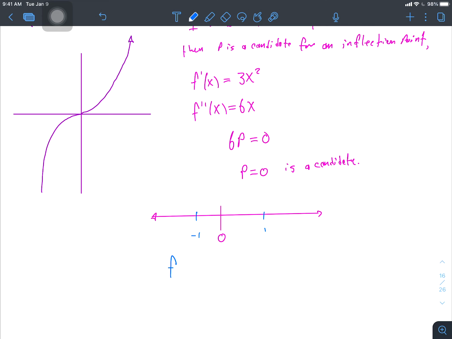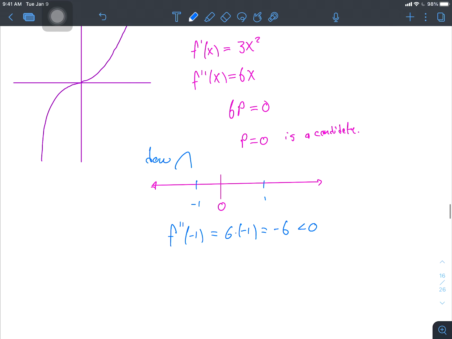So I plug -1 and 1 into the second derivative. When I do f double prime of -1, I get 6 times -1, which is -6, which is less than 0. So I know that in this region I'm concave down. In the second region, I check a test point, which is f double prime of 1.